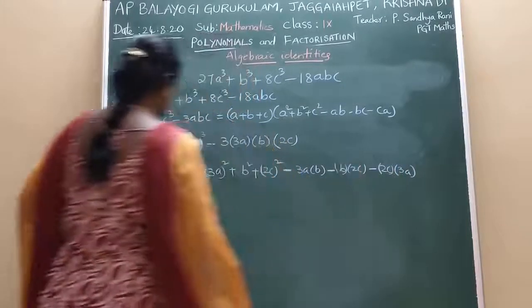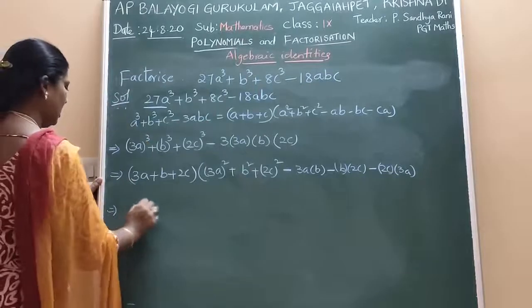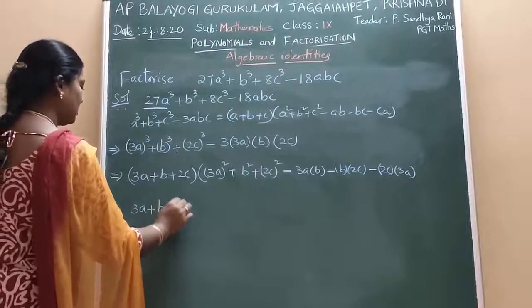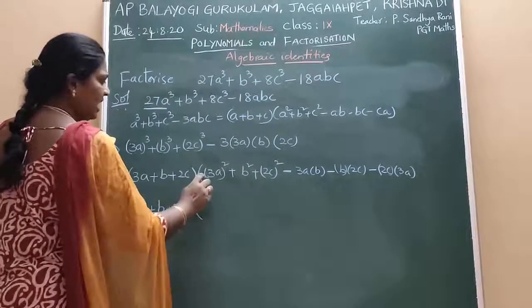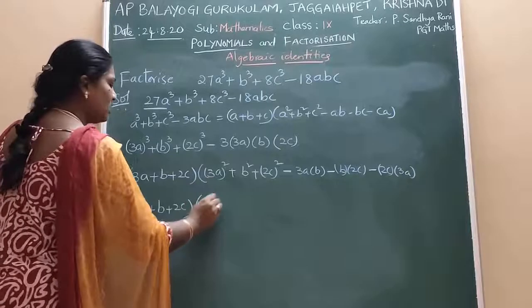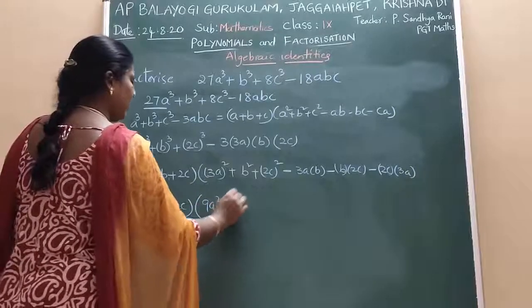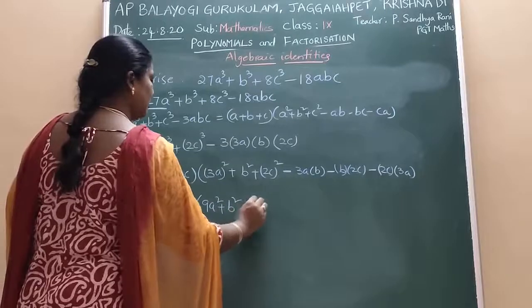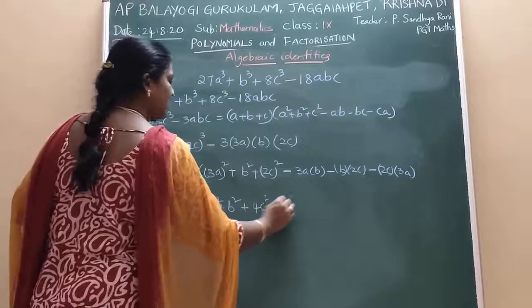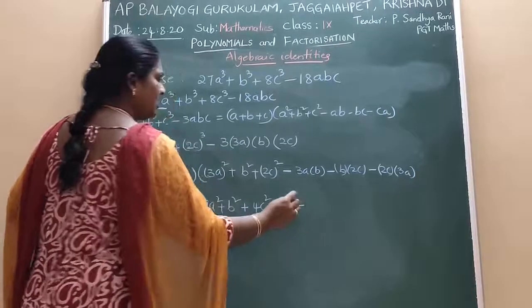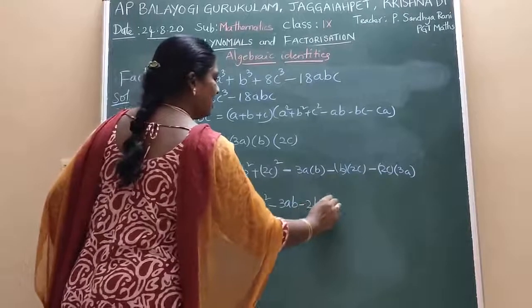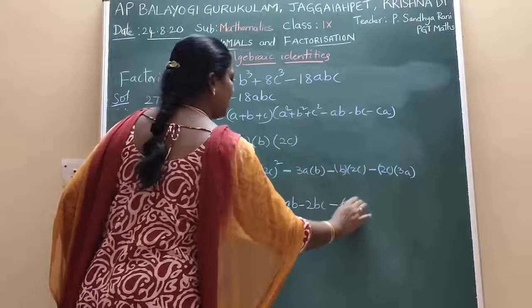Okay, like this, that is 3a plus b plus 2c into 3a square is 9a square plus b square plus 4c square minus 3ab minus 2bc minus 6ac.